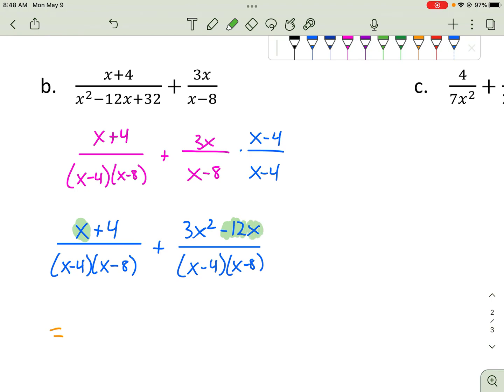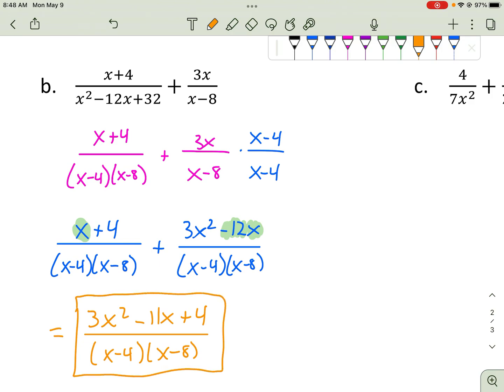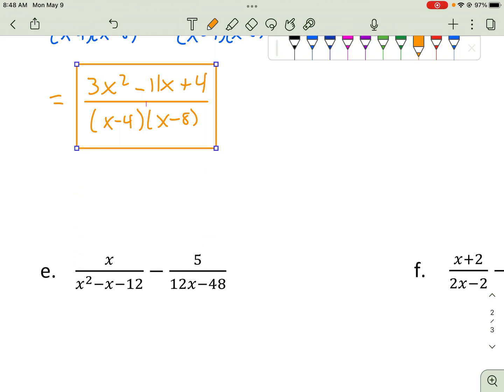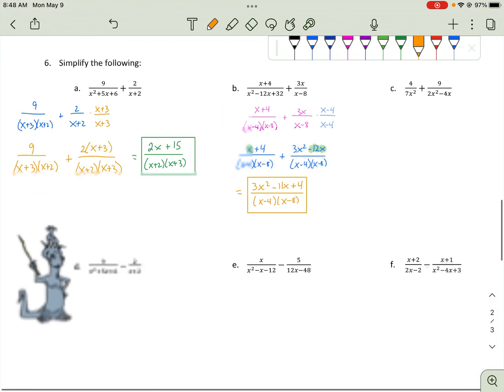And those are the only like terms, actually. So it ends up being 3x squared minus 11x plus 4 all over x minus 4 times x minus 8. All right, there you go.